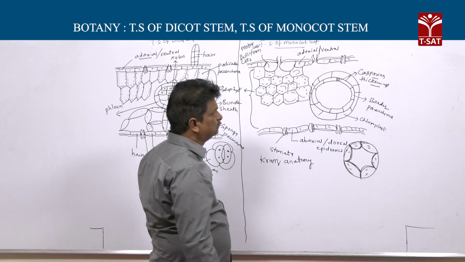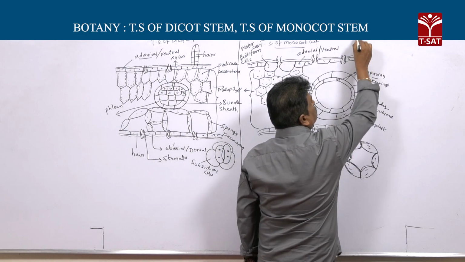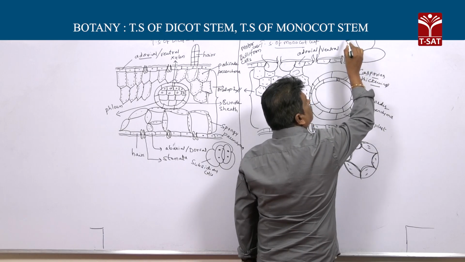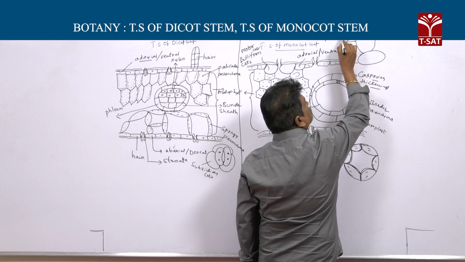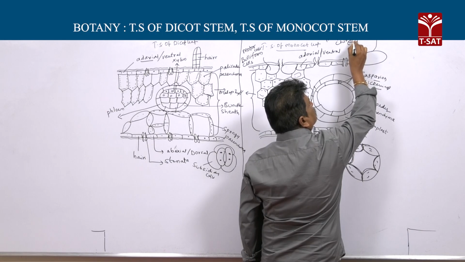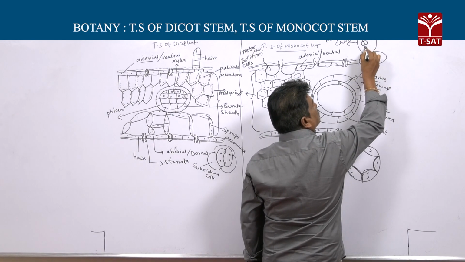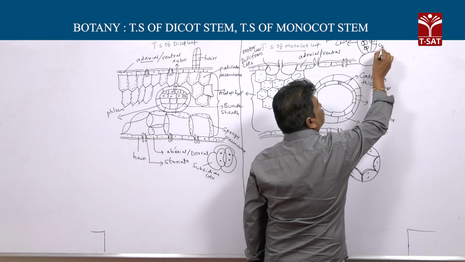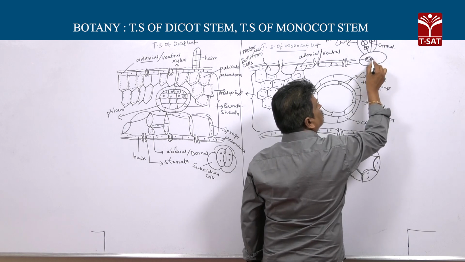In C4 plants, two types of chloroplast are present. Mesophyll chloroplast contains grana, so it is called granal chloroplast.